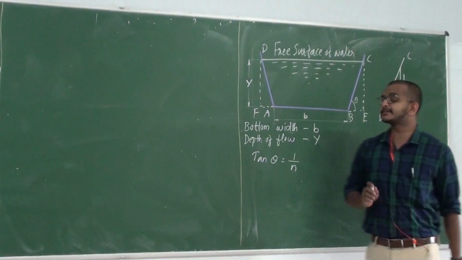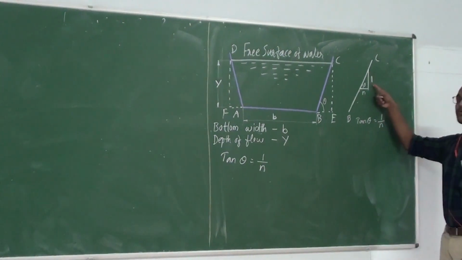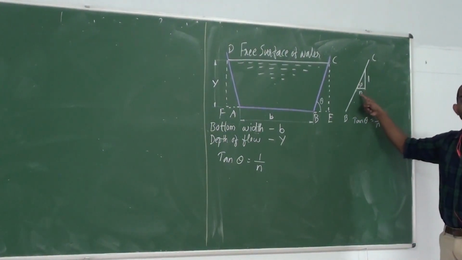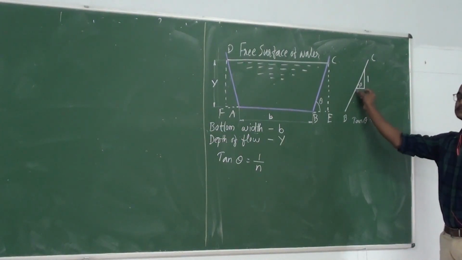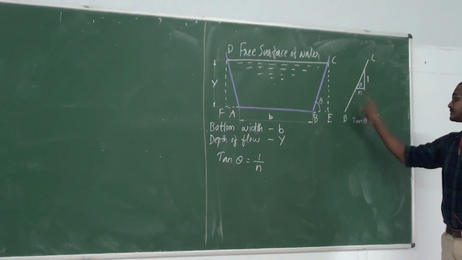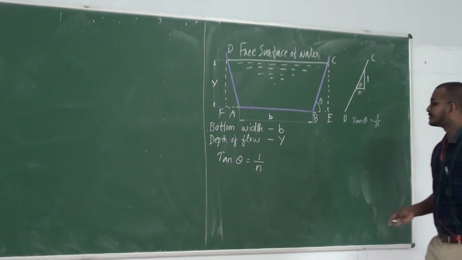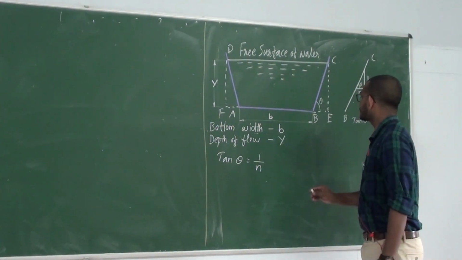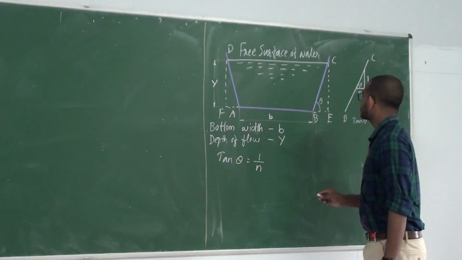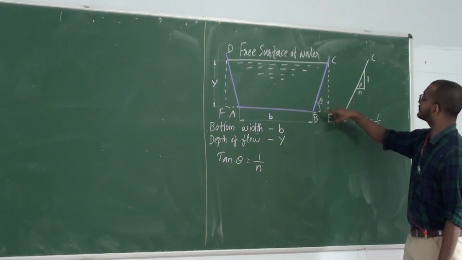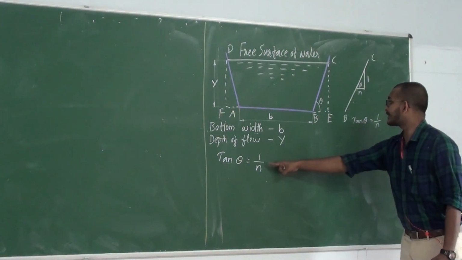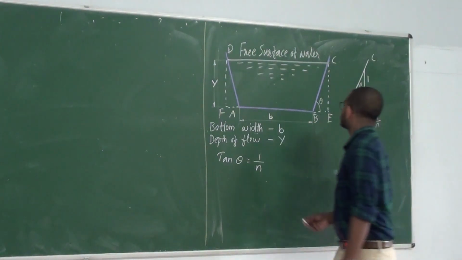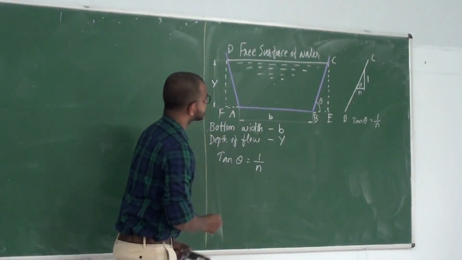That means tan theta is equal to 1 by n means for one vertical there is n horizontal. So if this vertical distance is 1 meter, this is n meter. So we have to find out the length of the sloping side BC in terms of n.